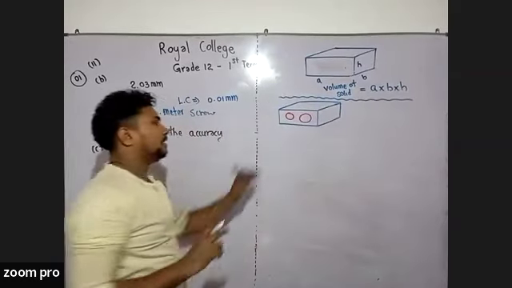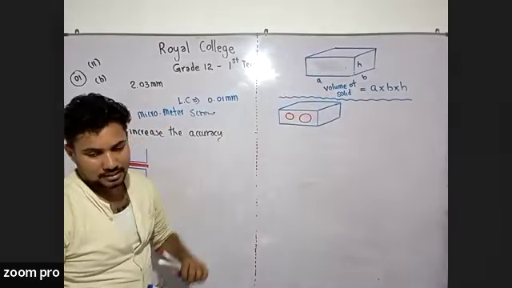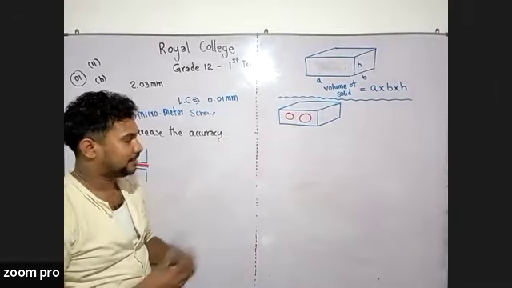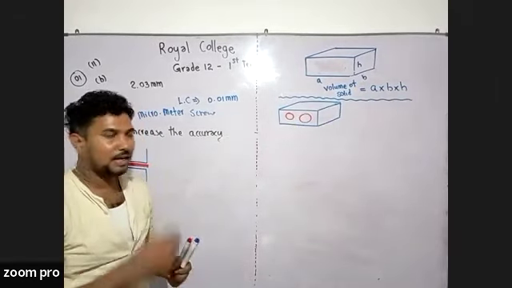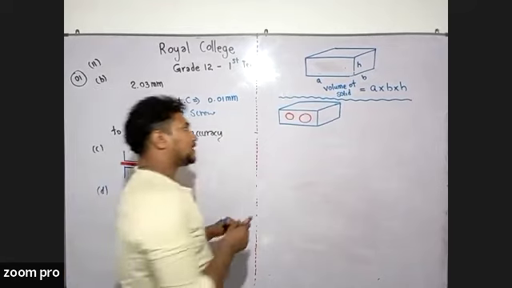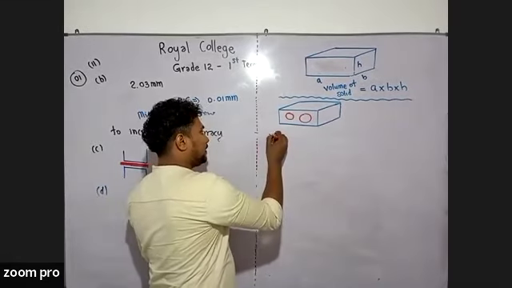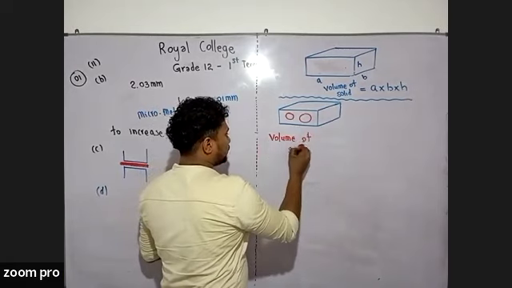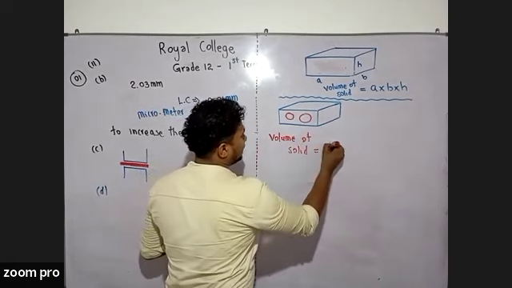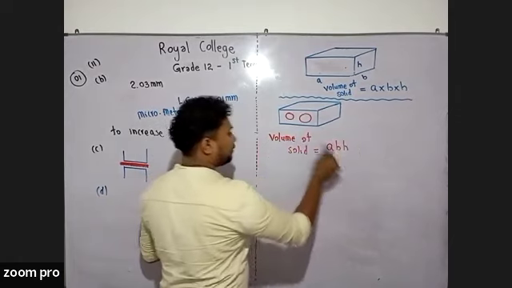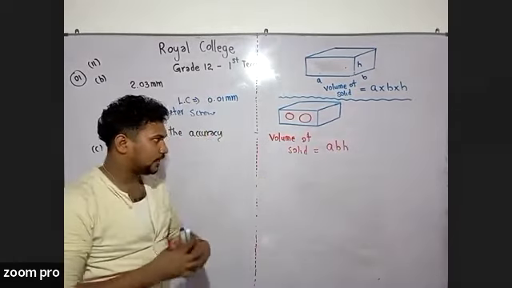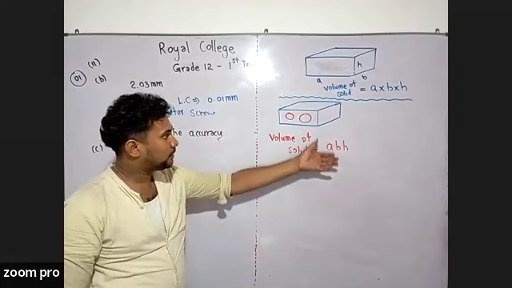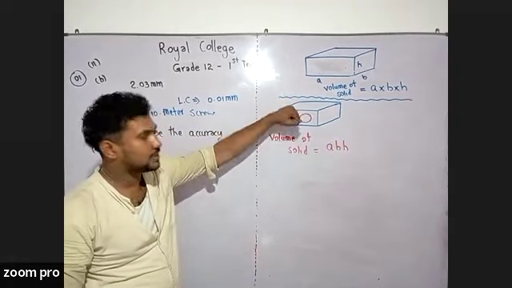Even though, now let's consider this box as a hollowed one, that means it includes some air bubbles inside. Can we consider the volume of the solid as ABH? Can we use this expression to obtain the volume of this substance?